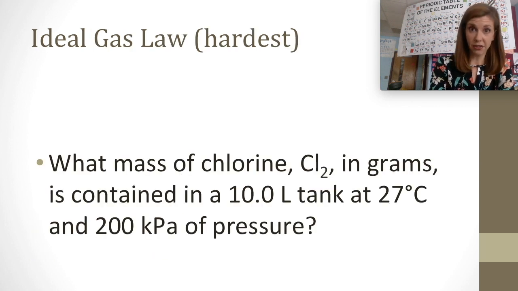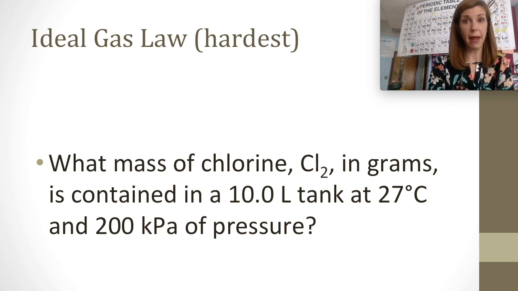The ideal gas law can also be asked to find the mass of a gas. When finding mass, you have to remember that mass is an amount, and we can get it from the ideal gas law by solving for n. So in this question, it says what mass of chlorine in grams is contained in a 10-liter tank at 27 degrees Celsius and 200 kilopascals of pressure.